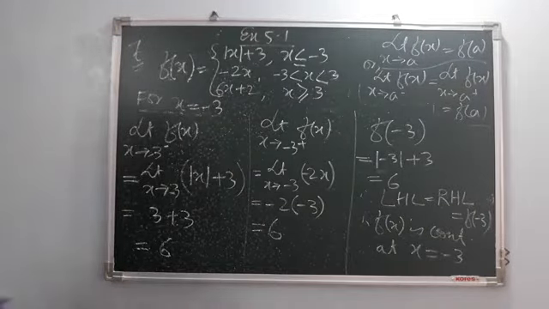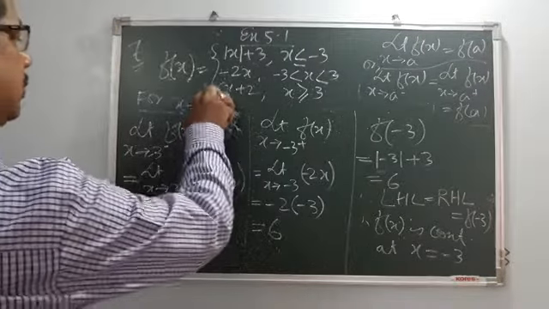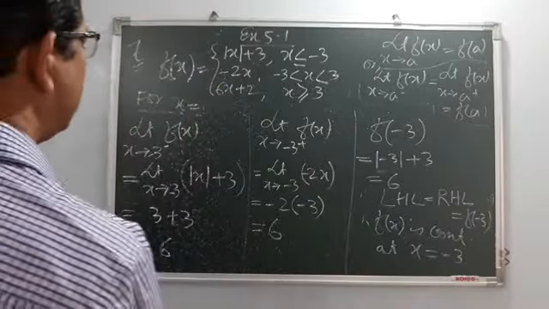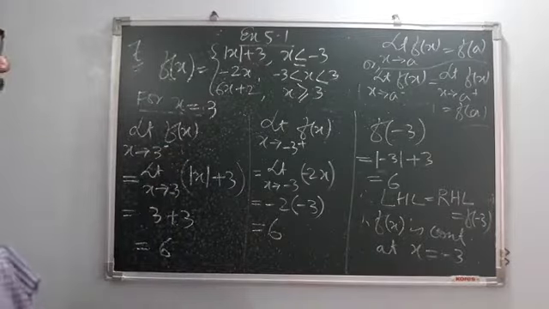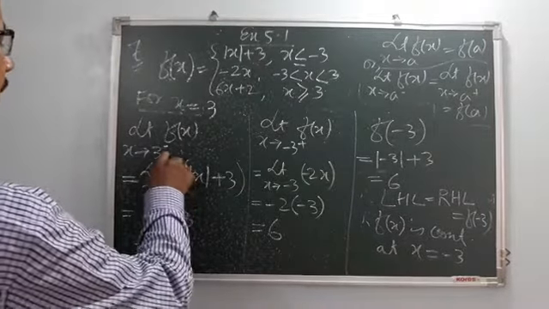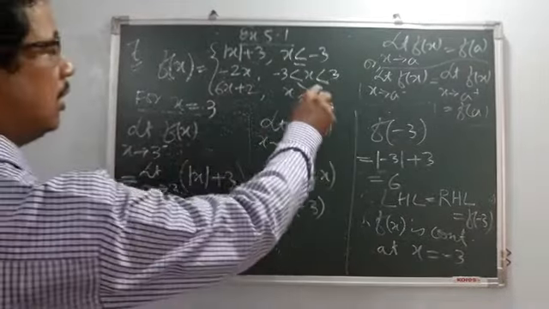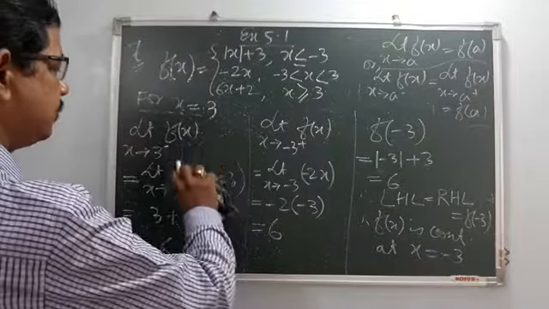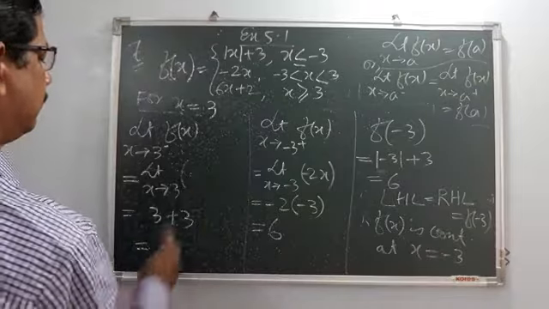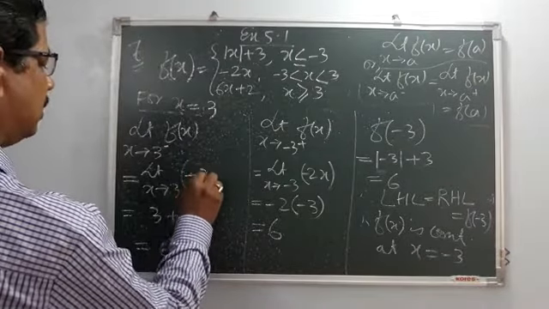Now for x equal to +3. If we put +3 here, then for 3 minus, little less than 3, this is minus twice x, so we will replace these things as it is.